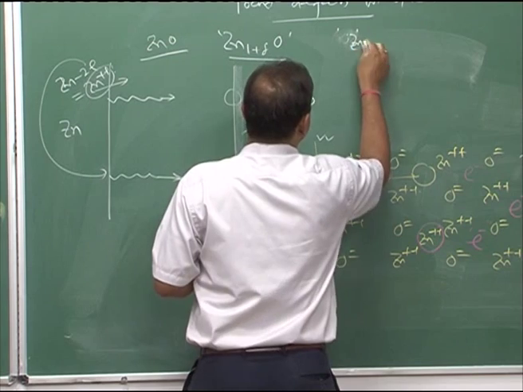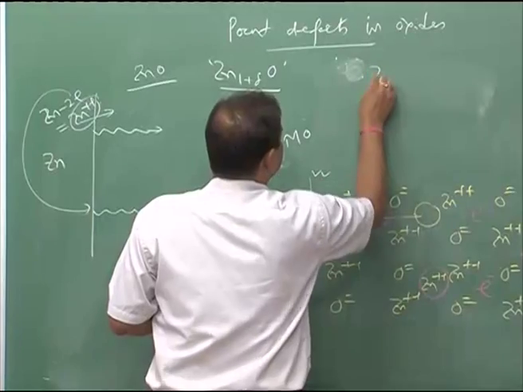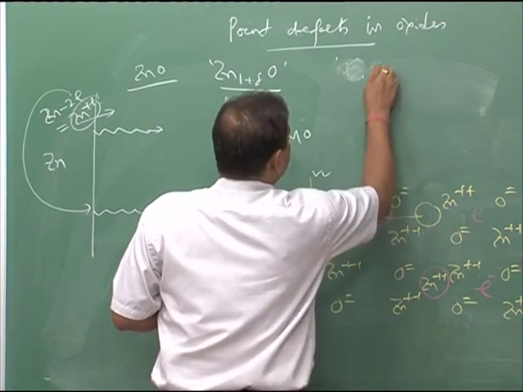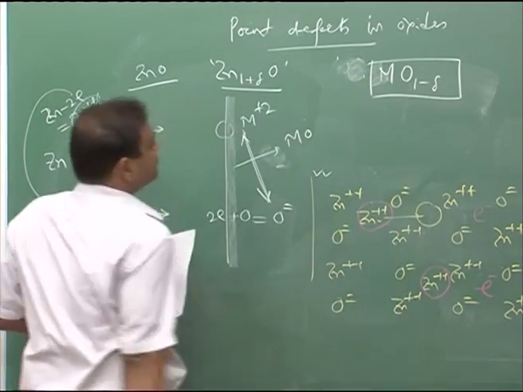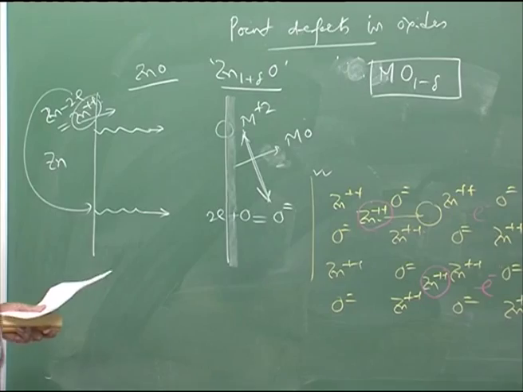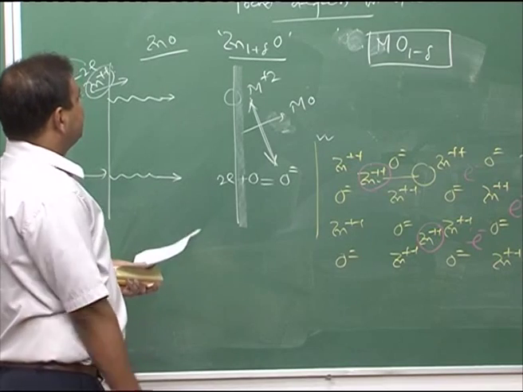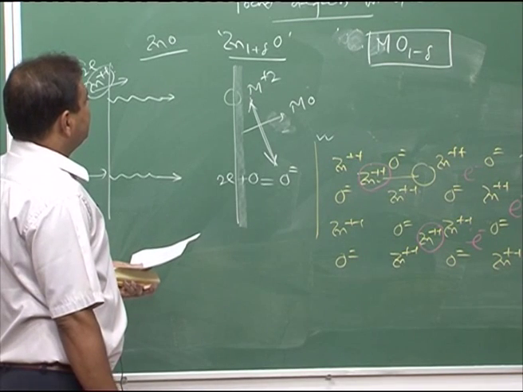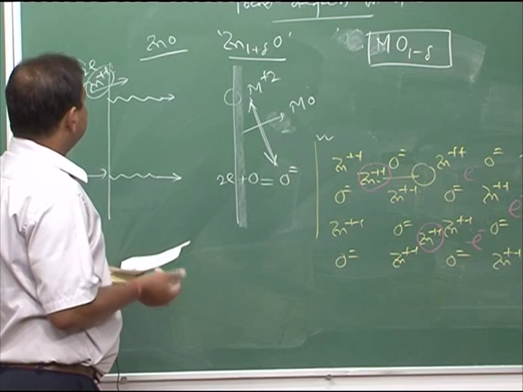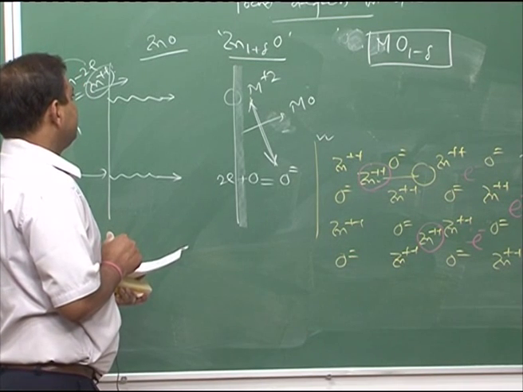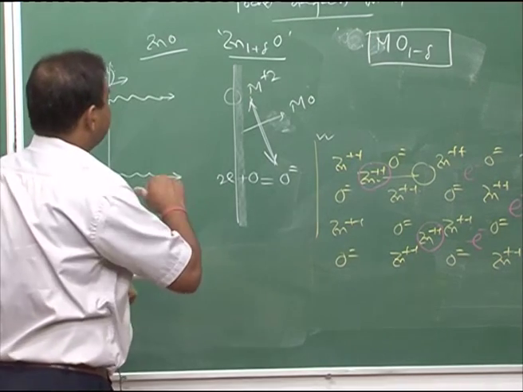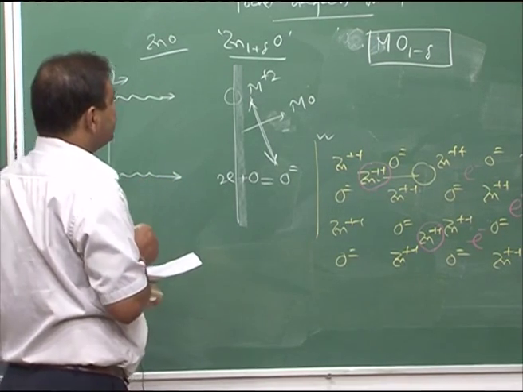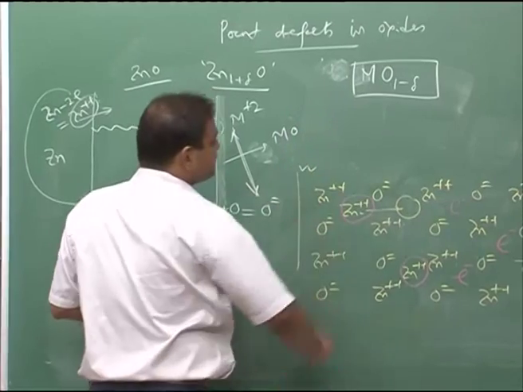So, it could be, let us say, metal O1 minus delta. So, there we have oxygen deficiency. We can also have atomic movement, ionic movement as well as electron transfer, and we can also explain how the oxidation is taking place, but there we have oxygen vacancies.